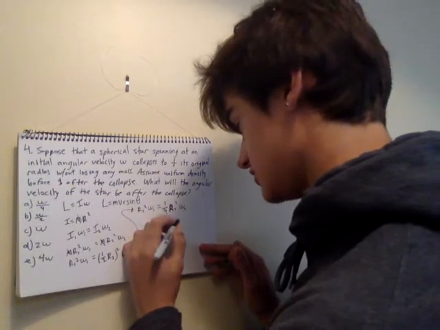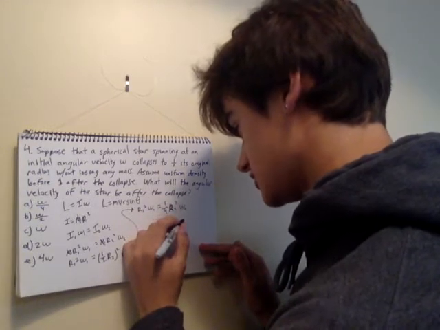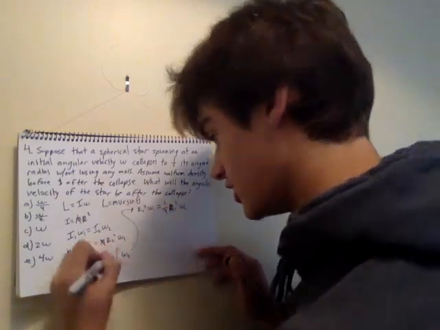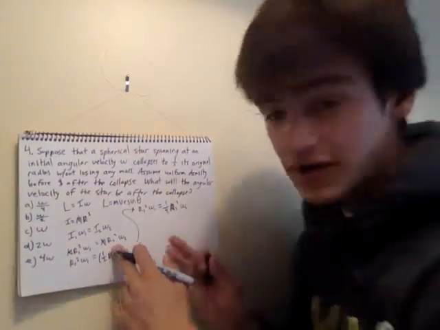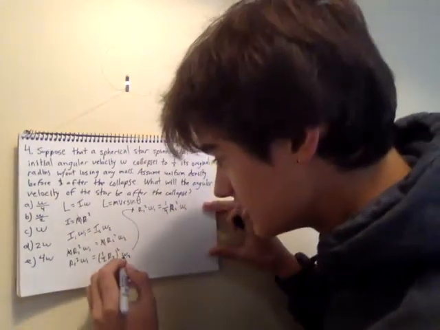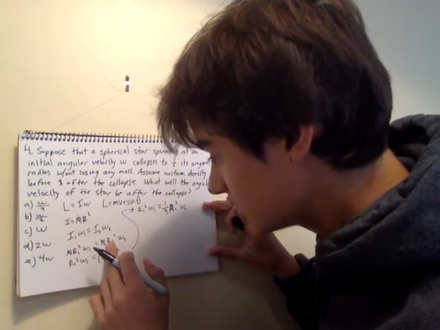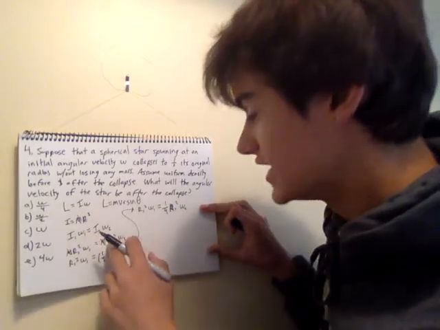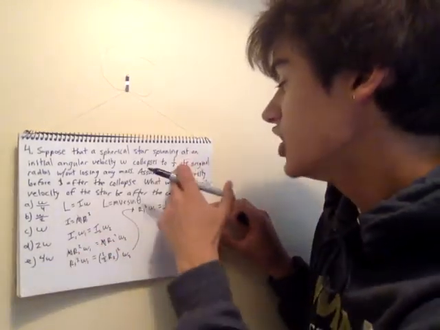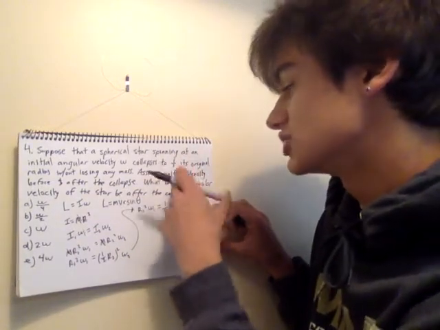Well actually, this is R2. Excuse me, so let's look at my error. Let's learn from my mistake. Here I'm writing the radius of the star after the collapse in terms of what it is before the collapse, because we know that it's 1/2 of the original radius.